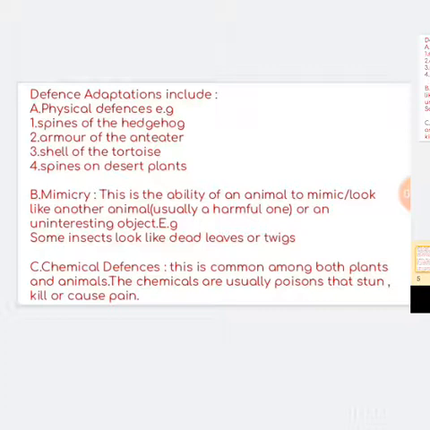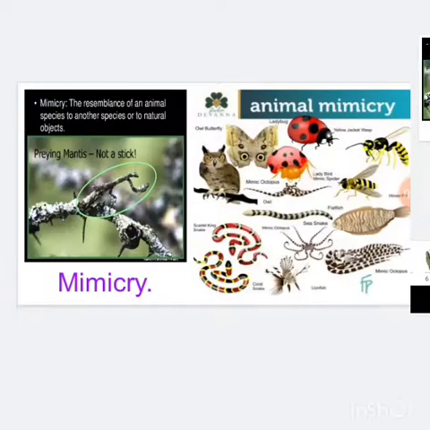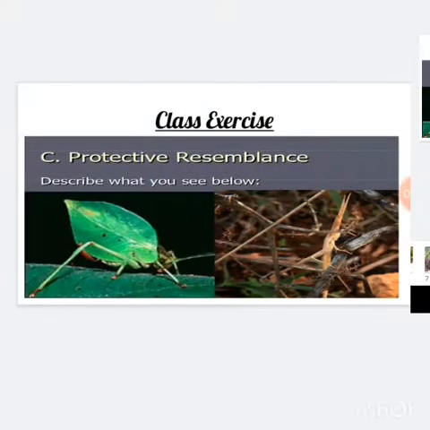Some just stun the predator. Others can actually kill the predator or cause serious pain. So a predator wouldn't want to have anything to do with an animal that has chemical defenses. Okay, so that's all we have for today. We'll continue in next class.